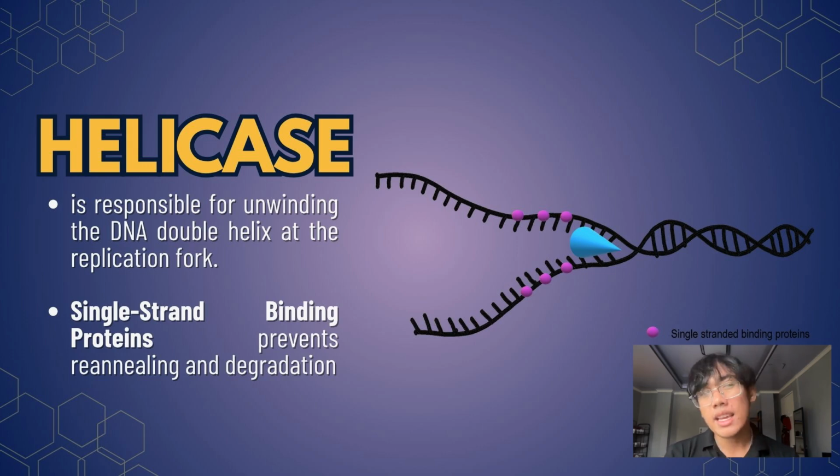Think of Helicase as the person unzipping a jacket, except this zipper splits the DNA strands. So we also have some associated proteins, for example, the single-strand binding proteins. These proteins immediately bind to the exposed single-stranded DNA to prevent reannealing and degradation.